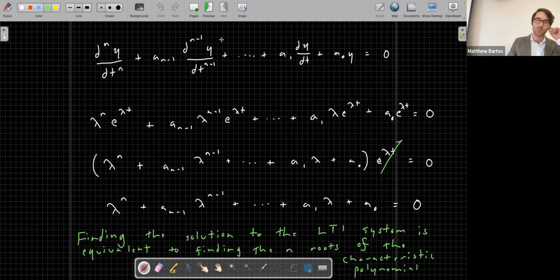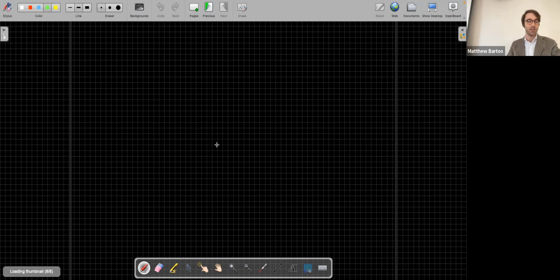And what else do we know about linear differential equations, something on your homework? Essentially, any linear combination of these solutions to the LTI system is also a solution. Okay, so this is an important theorem. I will write this out for you.